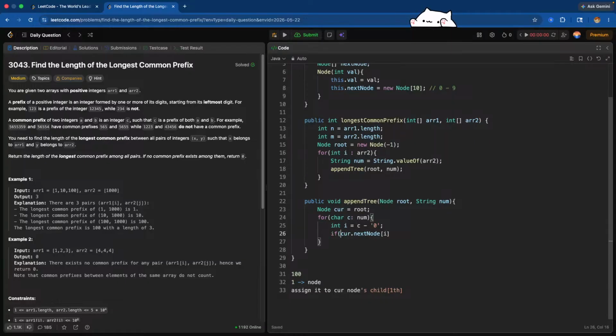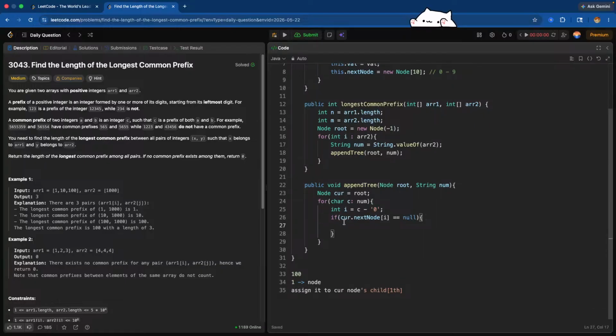I have to check if it is equal to null, then I put the value there.